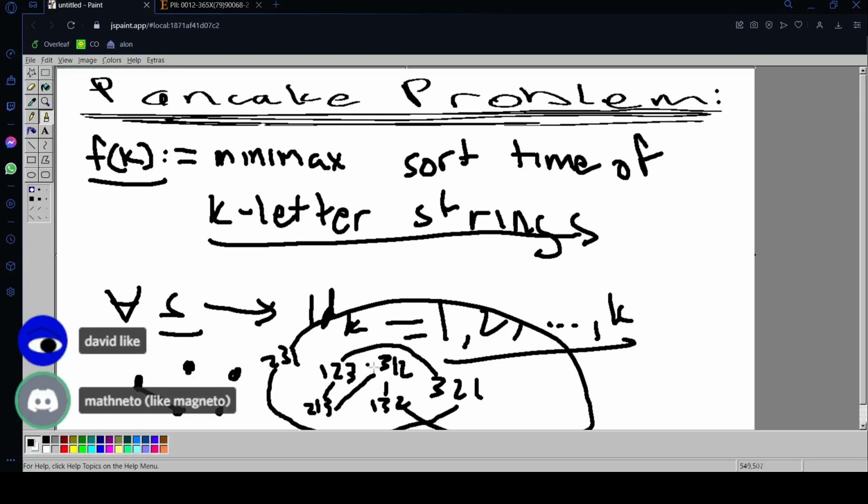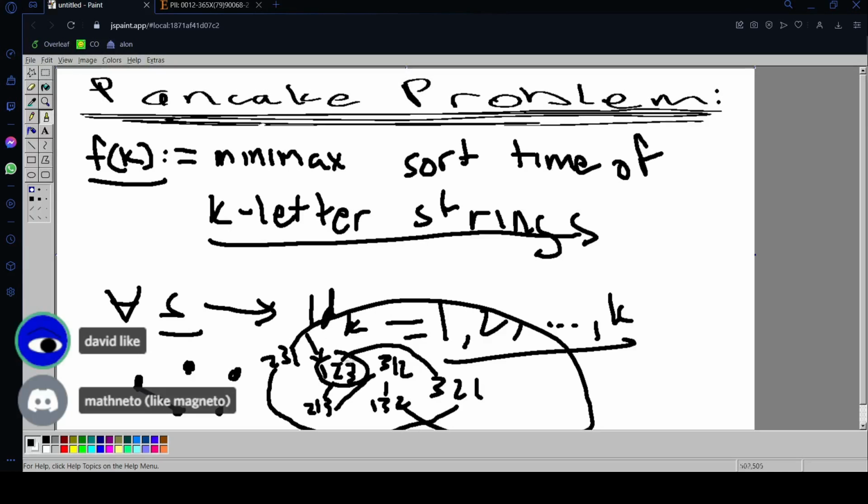But once you've drawn the graph, this is our sorted k-letter string, and f of k means that for every other vertex in the graph, we can find a path of length at most f of k, using at most f of k edges, to reach this sorted one. So what is f of k here?